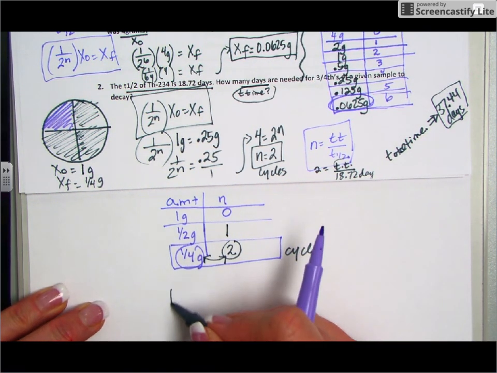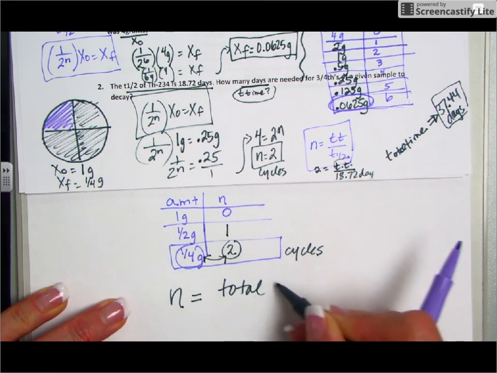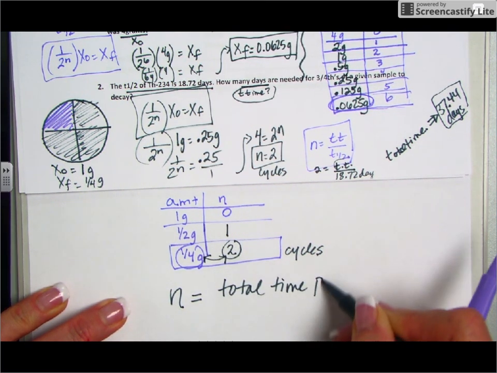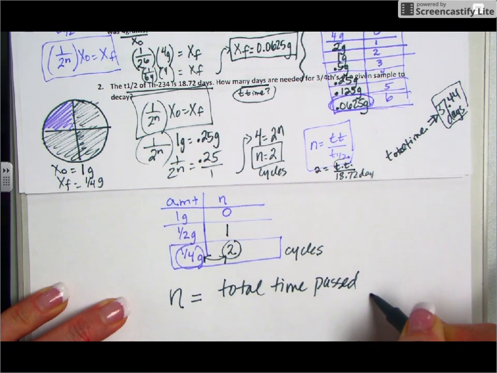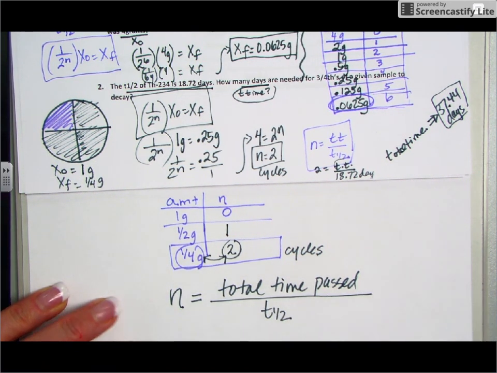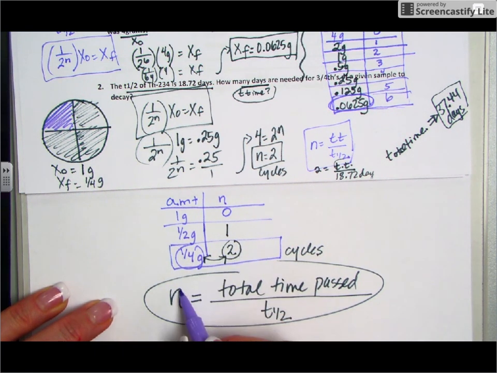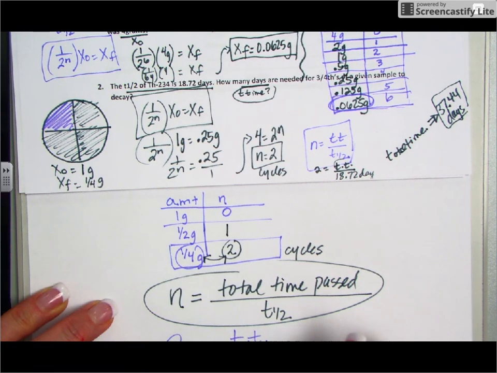So now go back to the formula where you have your cycles is equal to total time that has passed by divided by your half-life. So we're going back to this formula here. We just figured it was 2 cycles, so plug that in here. 2 equals total time divided by the half-life again, 18.72 days.